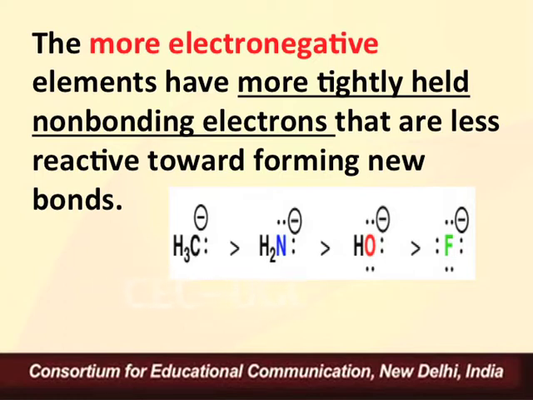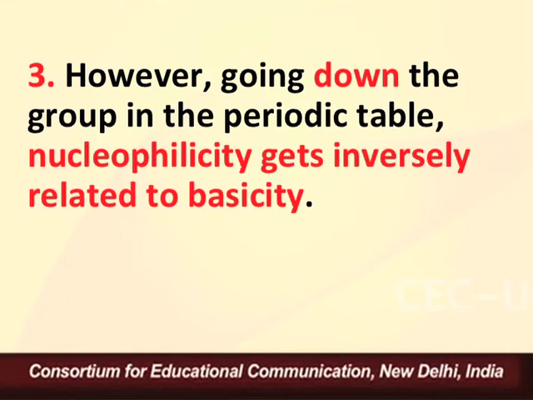So in this case, we've compared the electronegativities of carbon in case of methanide, nitrogen in case of ammonia, the amino group, oxygen in case of hydroxyl group, and fluorine in case of fluoride ion.